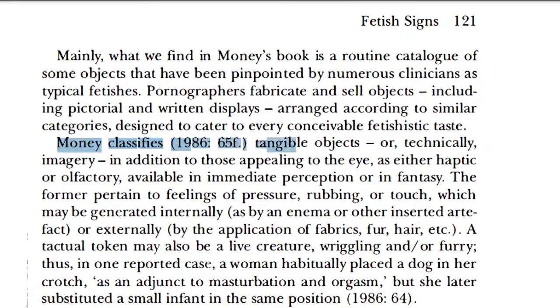Money classifies tangible objects, or technically imagery, in addition to those appealing to the eye, as either haptic or olfactory, available in immediate perception or in fantasy. The former pertain to feelings of pressure, rubbing, or touch, which may be generated internally, as by an animal or other inserted artifact, or externally by the application of fabrics, fur, hair, etc.